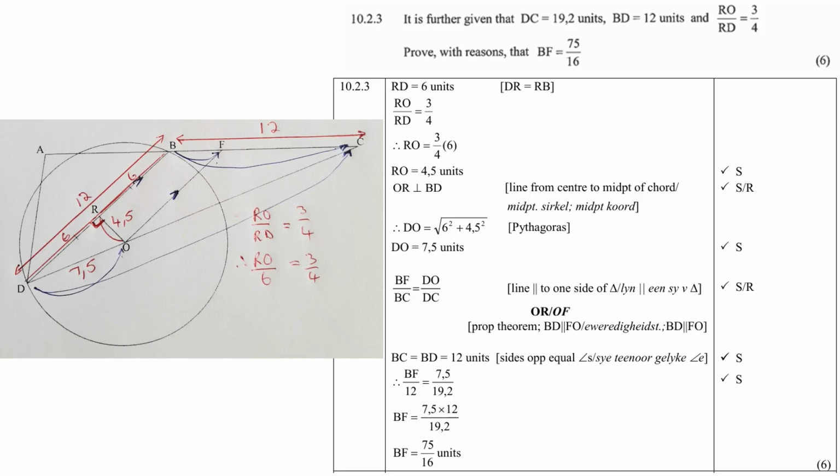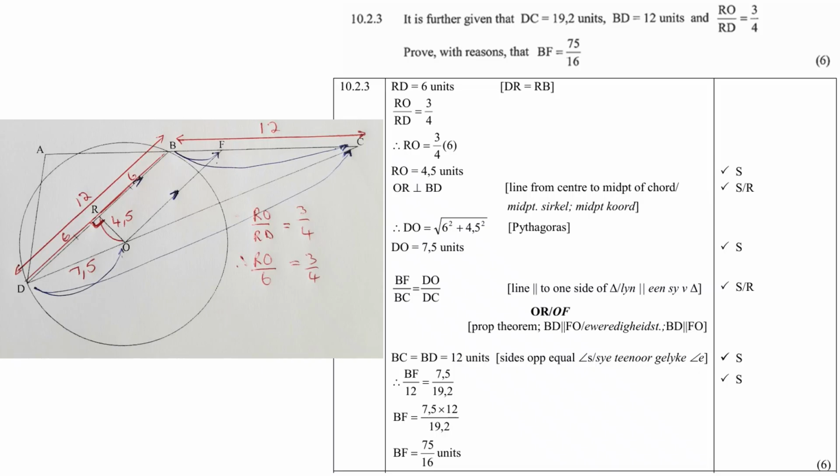Then, if RO over RD is 3/4, you can replace RD with 6, as shown in the sketch. If I cross multiply, I get RO equals 3/4 times 6, which makes RO 4,5, as indicated in the drawing. Of course, remember now OR is perpendicular to BD.